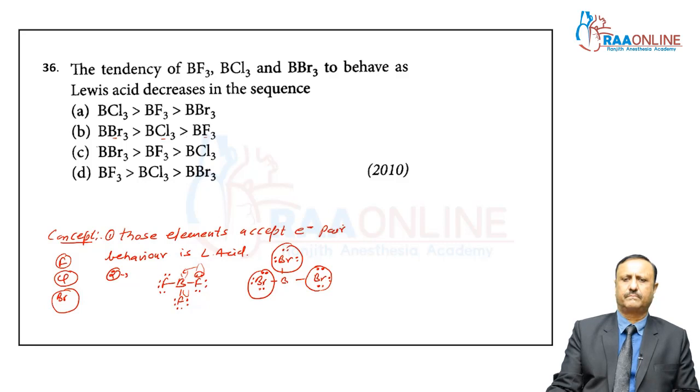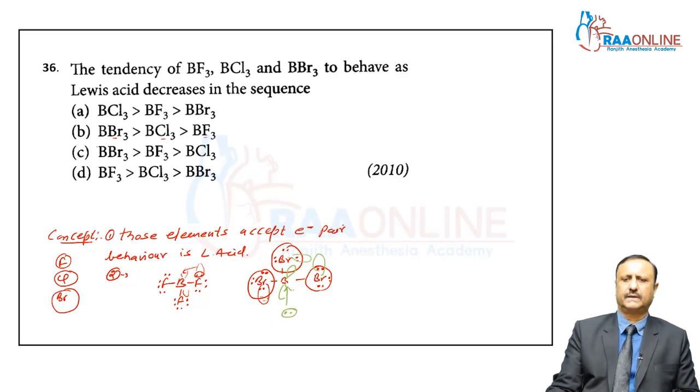But this pair of electrons present in the orbitals does not overlap the empty orbital of boron, because the size is bigger. So these orbitals do not overlap with each other. So my dear students, the boron atom remains empty and accepts electrons.